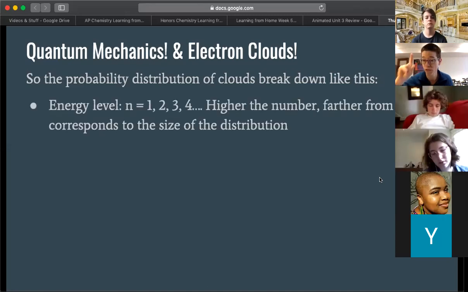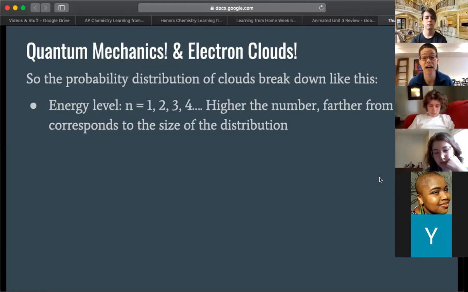Well, first off, we have energy levels. So Bohr had the rings. We don't really consider them rings anymore, but we still consider them to be energy levels. And our energy levels are represented by the letter N, which you've probably seen on stuff we've been doing before, like on the Bohr models, where you've said N equals. That's referring to the energy level. And our energy levels are just numbers, 1, 2, 3, 4, 5, 6, et cetera.